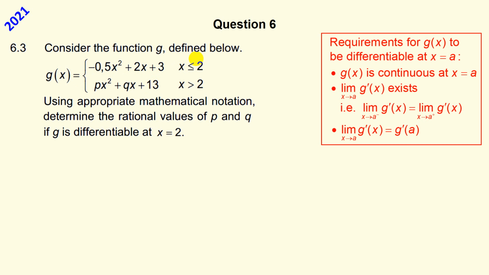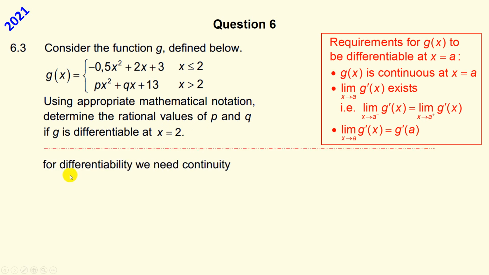We're going to find the right limit of this one and the right limit of that one and put them equal to one another to give us another equation, and solve the simultaneous equations. We're given that x is equal to 2. That's the point we're testing. So we need continuity, and then differentiability.